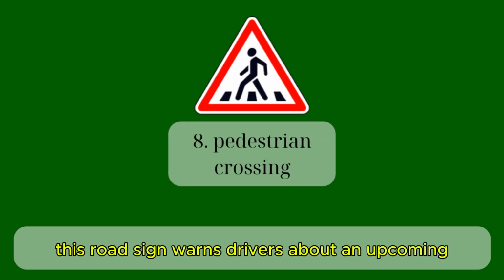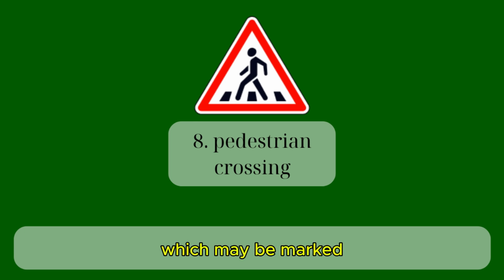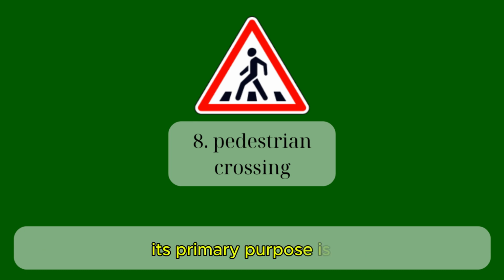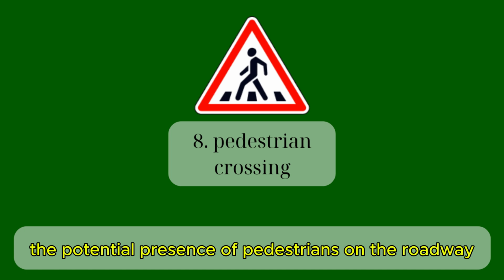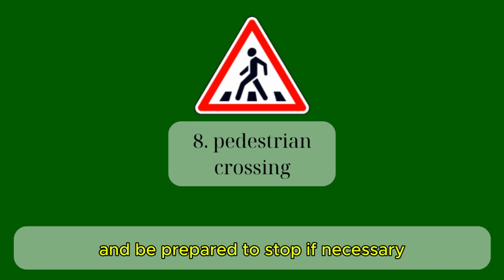This road sign warns drivers about an upcoming uncontrolled pedestrian crossing, which may be marked either by designated traffic signs or road markings. Its primary purpose is to alert drivers to the potential presence of pedestrians on the roadway, allowing them to reduce speed in advance and be prepared to stop if necessary.